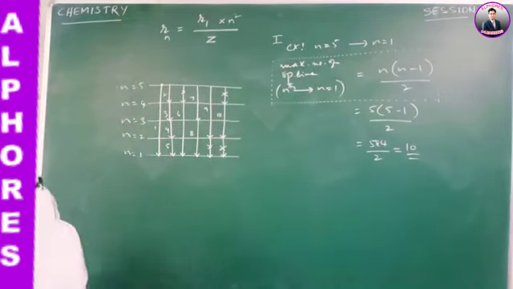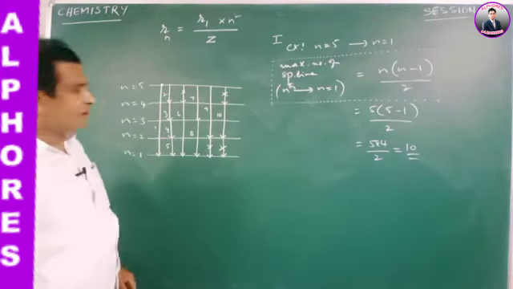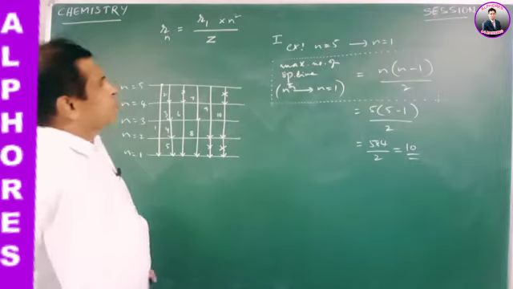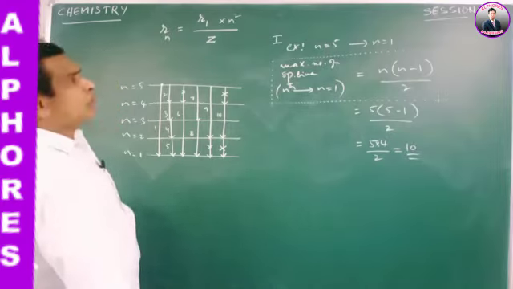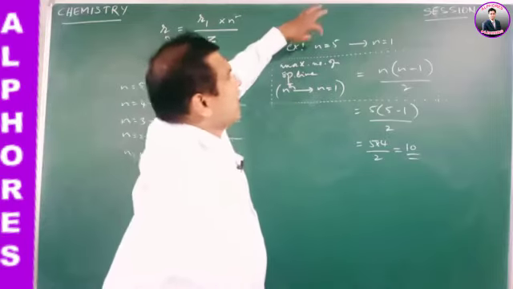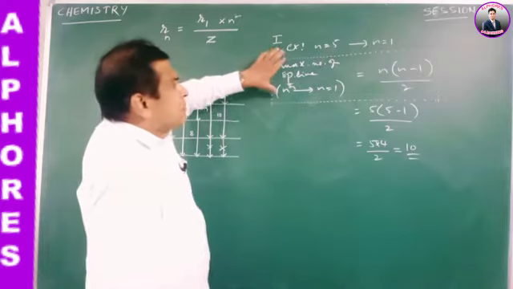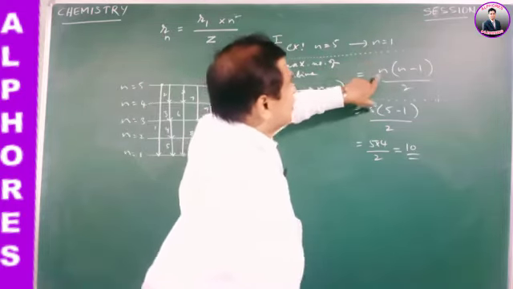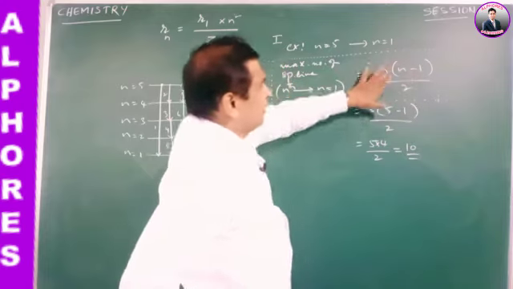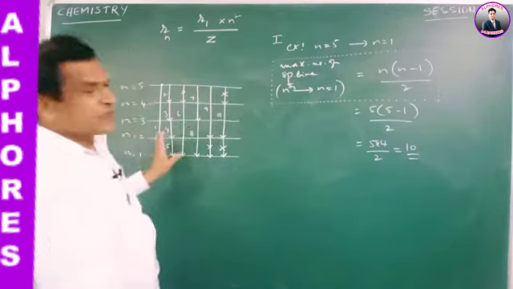So the total maximum number of possible spectral lines is 10. So when the electron is jumping from the nth orbit to the first orbit, the maximum number of spectral lines in the hydrogen spectrum is n into n minus 1 by 2. That is the example, and we have explained it.